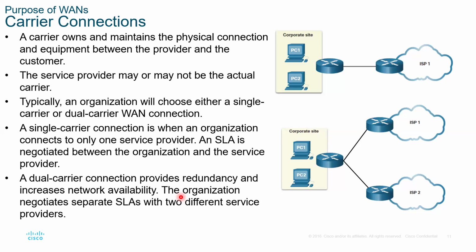That's the carrier. A perfect example, taking this point here, the service provider may or may not be the actual carrier. I'll give you an example of, I think, Tier 1. Tier 1 is probably the biggest carrier in Zimbabwe, and it carries, if I can say.